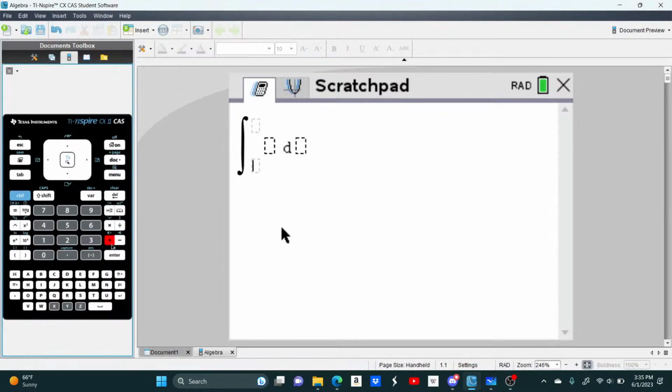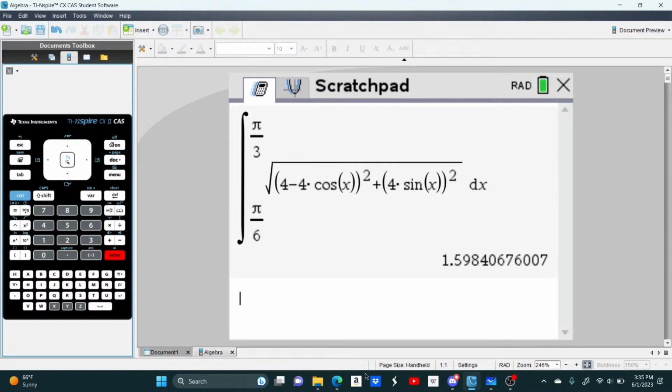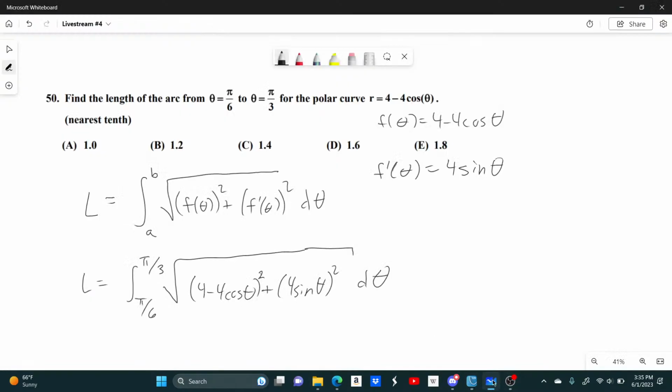So I'm going from pi over 6 to pi over 3 of the square root of 4 minus 4 cosine of x, I can still use x, squared plus 4 sine of x squared dx. And I get an arc length of like 1.6. That should be good. Yep, that's answer choice D.